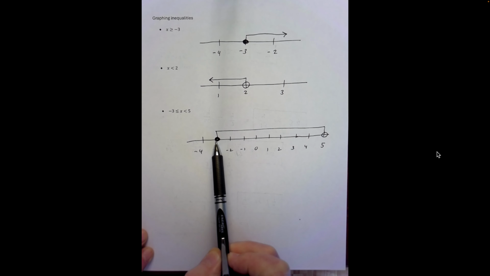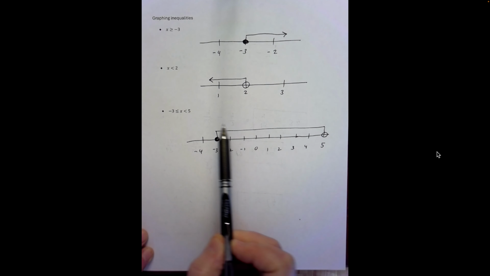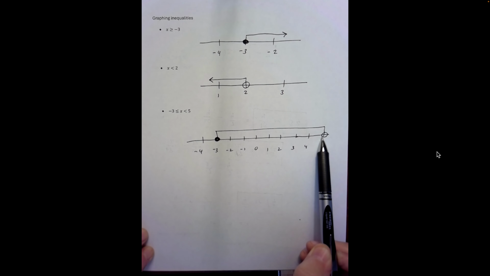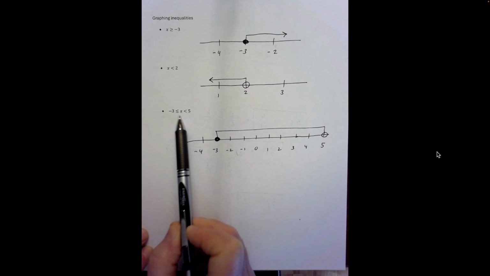So solid dot for obvious reasons, open dot for obvious reasons, in between -3 and 5 because that's as the problem states. So any number between -3, including -3, all the way up to 5, but not including 5, 4.999999987, that's a solution. But 5 itself is not a solution to this inequality.